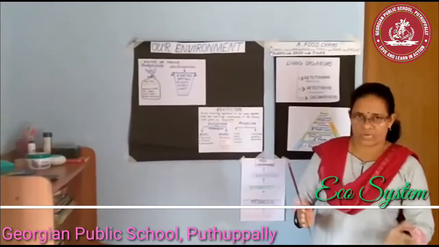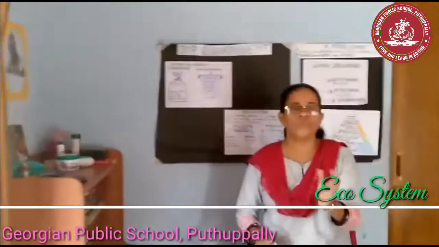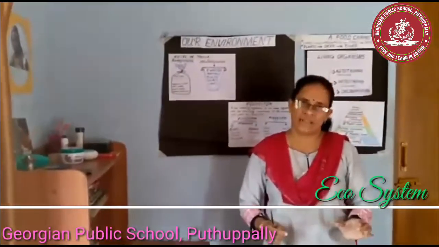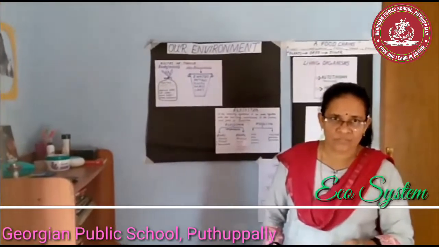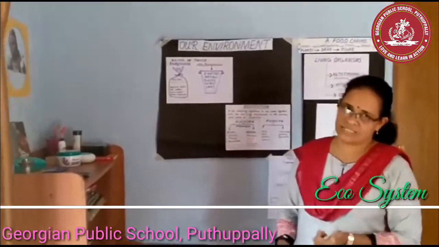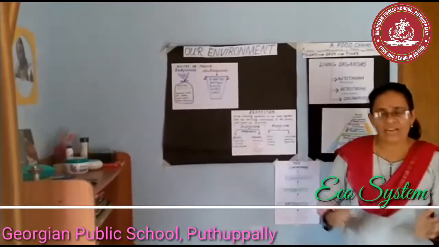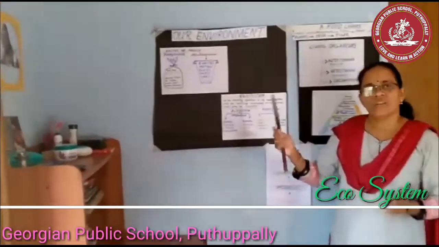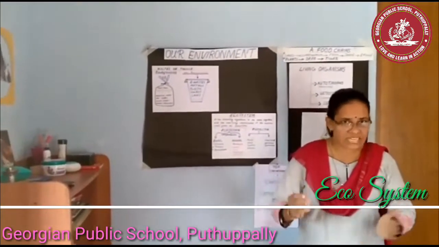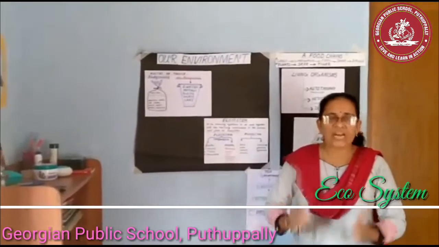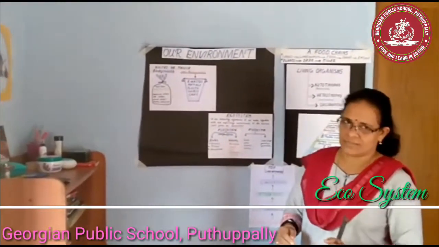All these organisms interact with their environment for maintaining their life, for their growth, for their reproduction, for their nutritional needs. So here, all the living organisms are interacting with the non-living components of the environment of that area. So this garden is an example of ecosystem.